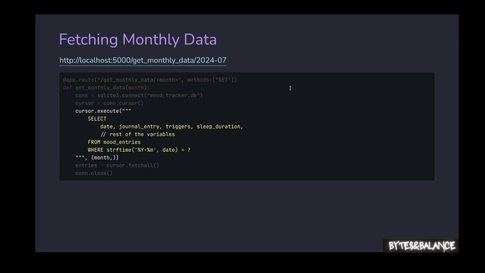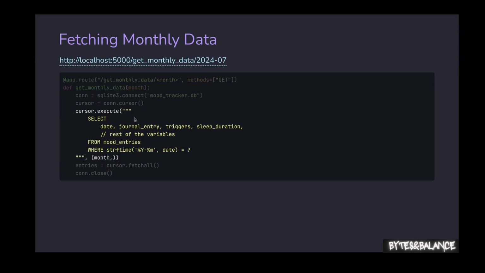Here we're using it to format the date as %Y, which is a 4-digit year, -%m, 2-digit months. So we can easily filter entries by months, because we're saying where strftime of date in this format is the question mark, which is filled by the months variable.